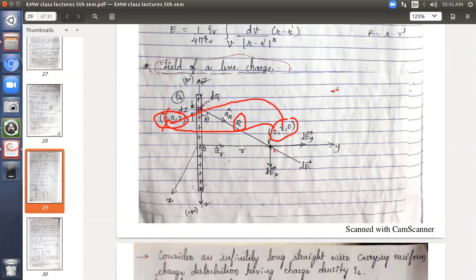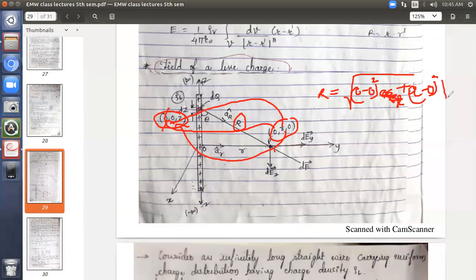What is the distance formula? It is the square root of the coordinate differences squared. For x, it is 0 minus 0 whole square, so no x will come. Plus r minus 0 whole square, plus 0 minus z whole square.